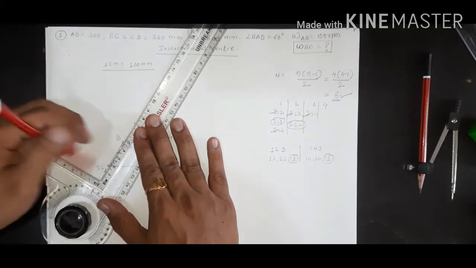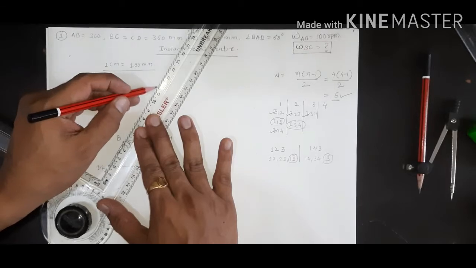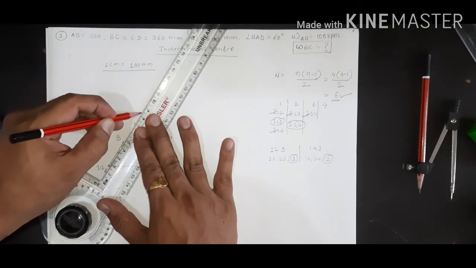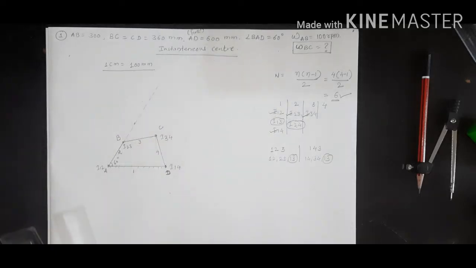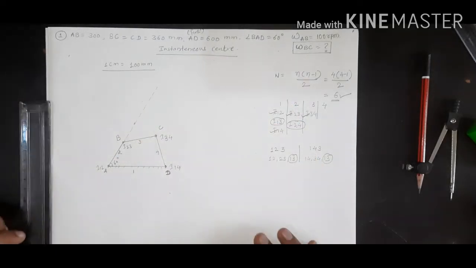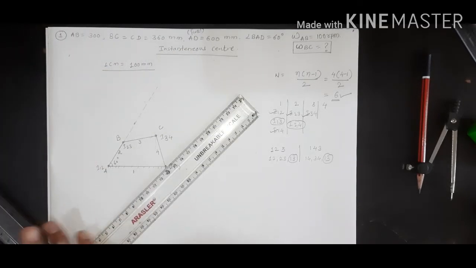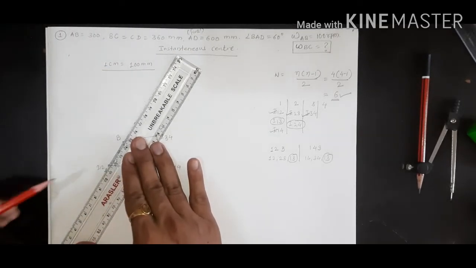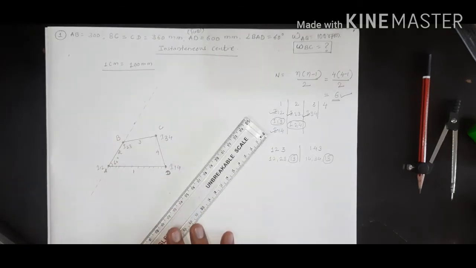You can draw it on this side or the down side, anywhere. This is the extension. Now I know that I13 is going to lie on the same line.